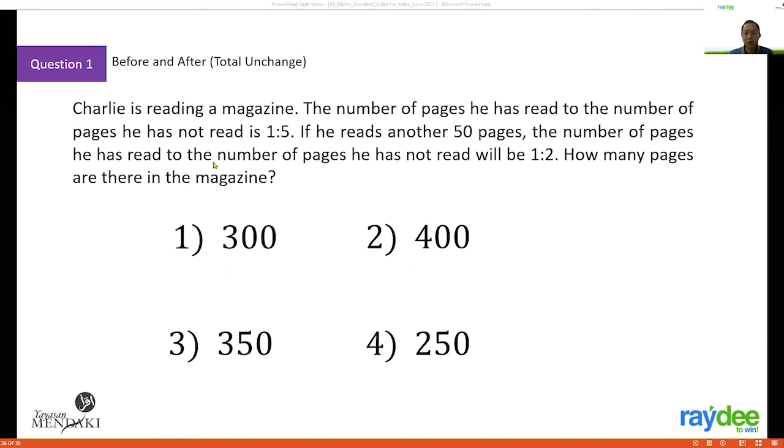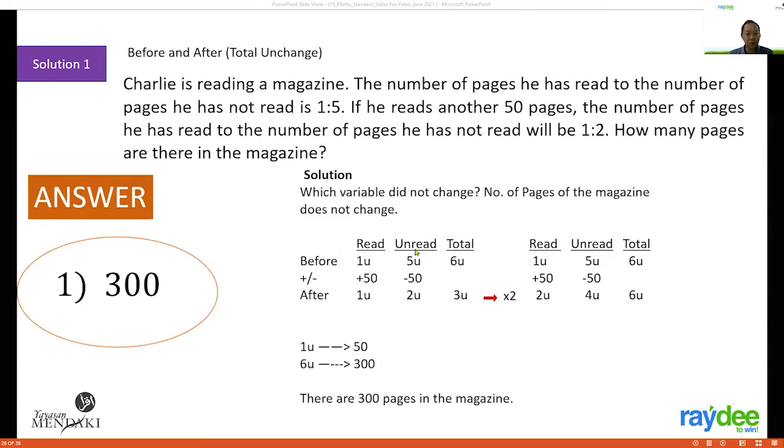So question number 1 is very similar to the previous example. The example was about a book. This is about a magazine. All right. So I'm going to jump straight to the solution, right? So this is total unchanged again, right? Because the number of pages in the magazine will not change.